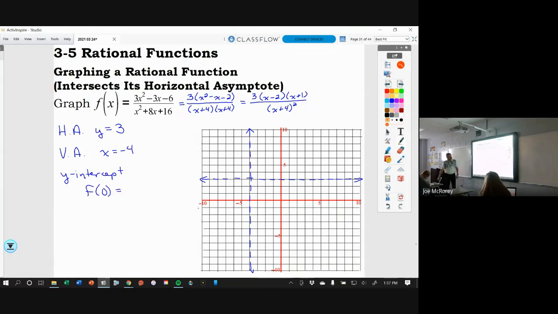When you plug 0 into the function, you have 3x squared, which is 0, minus 3x with the 0, -6 is on the top. Denominator, 0 plus 0 plus 16 is 16, and that reduces to -3/8. So my y-intercept is at the point 0, -3/8, almost -1/2.